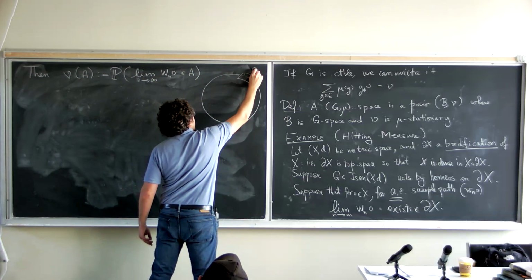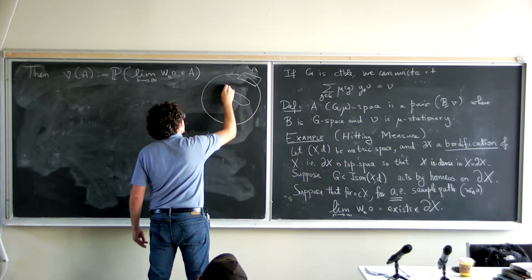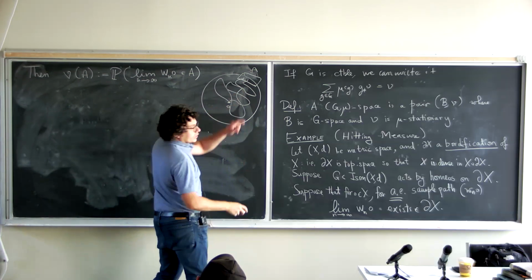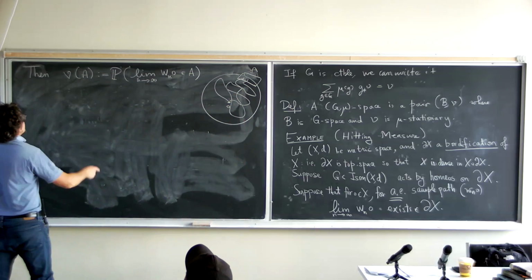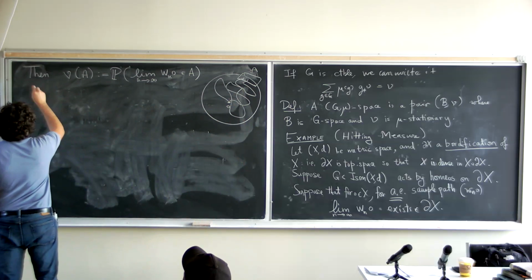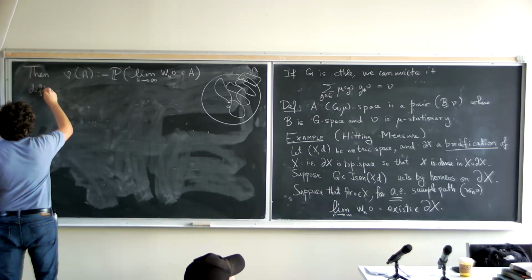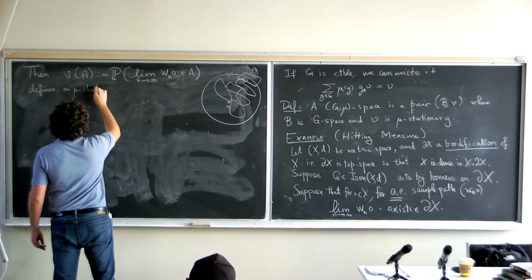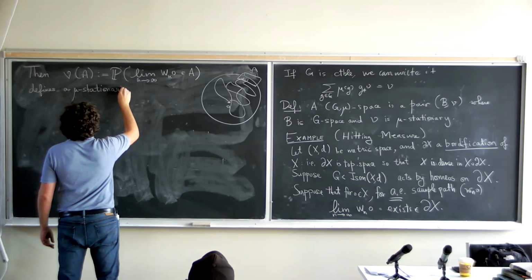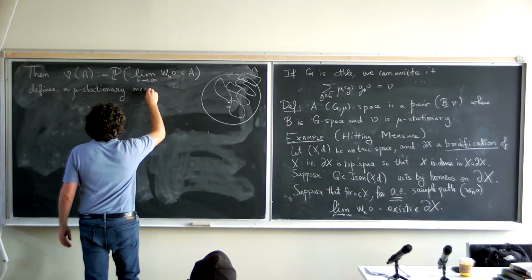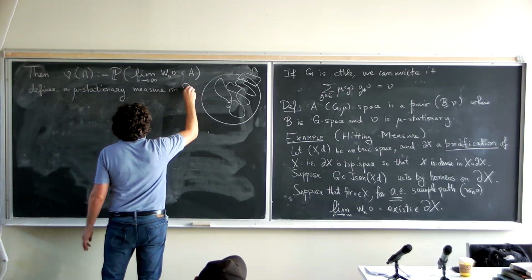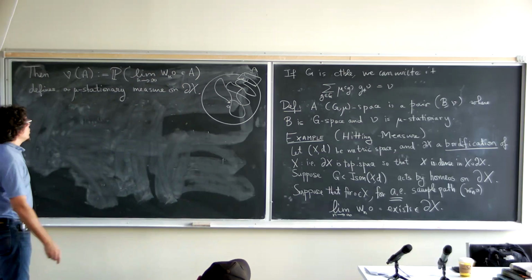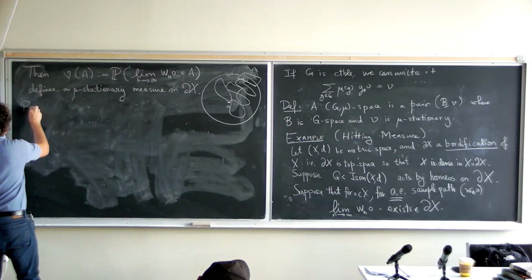You have a subset A, you have O, you have your walk, and your walk might or might not converge in A. So nu defines a mu-stationary measure on this geometric map. Okay, so let's prove this.